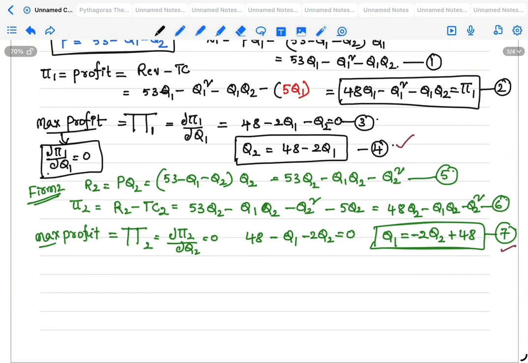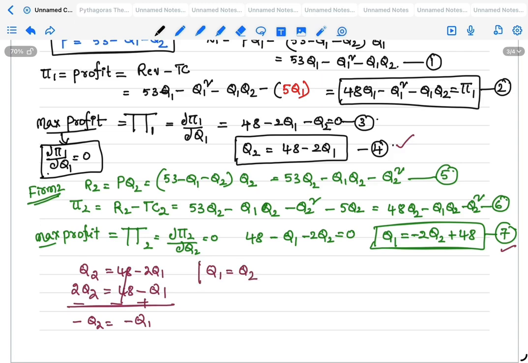If we solve both the equations, that is Q2 equals 48 minus 2 Q1, equation numbers 4 and 7, then 2 Q2 equals 48 minus Q1, and subtracting, the Q2 terms cancel, leaving minus Q1, that is Q1 equals Q2.